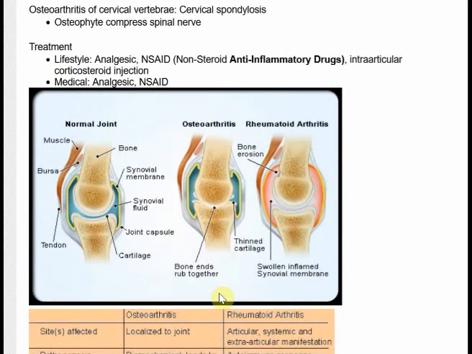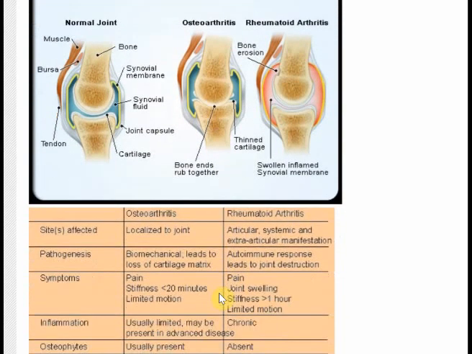Now let's look at rheumatoid arthritis, which is the inflammatory arthritis. Whereas osteoarthritis is localized to the joint itself, rheumatoid arthritis is a multi-systemic disease. It can affect extra-articular areas. And why is that?